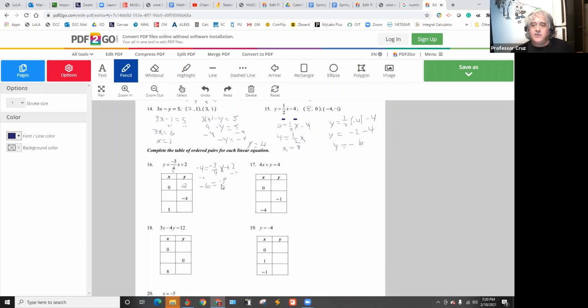Now, since both sides are negative, if you multiply both sides by negative, they're both going to be positive. So x is equal to, 3 goes into there twice, 8.